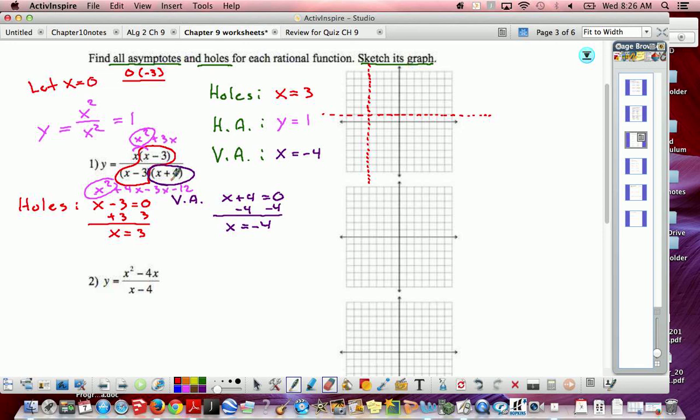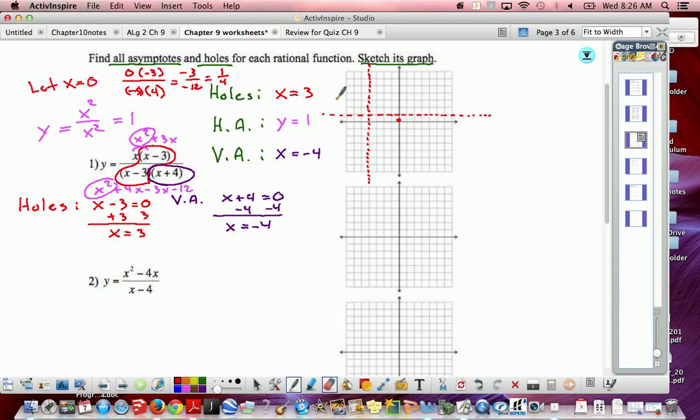Simplifying, I get negative 3 over negative 12, which reduces to 1/4. So when x is 0, the y value is 1/4, which is right here. That tells me I'm going to be in quadrant 4 and in quadrant 2.